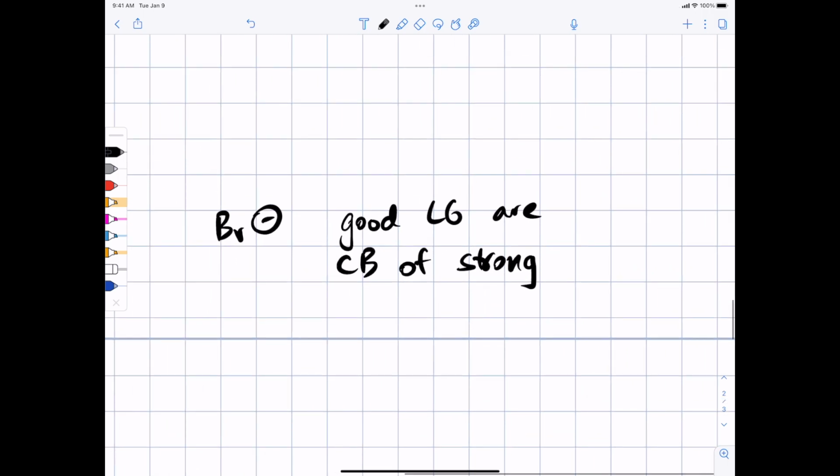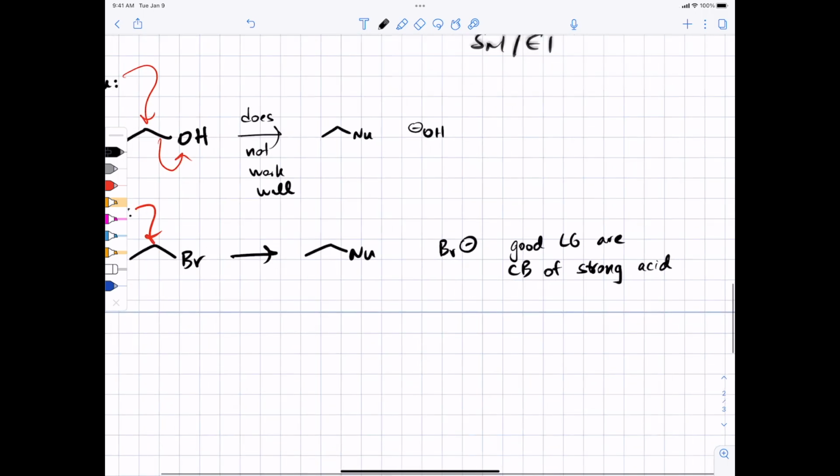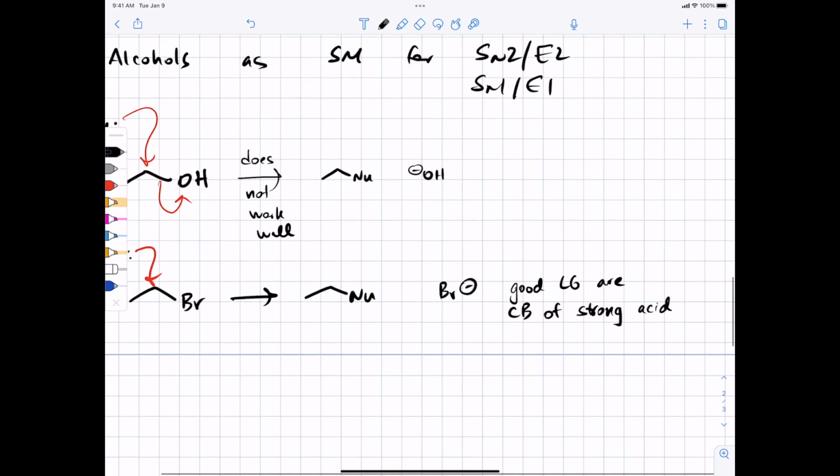That is, they don't mind being on their own. They can stabilize a lone pair of electrons. The conjugate acid of hydroxide is water, pKa 16. That is not a strong acid.